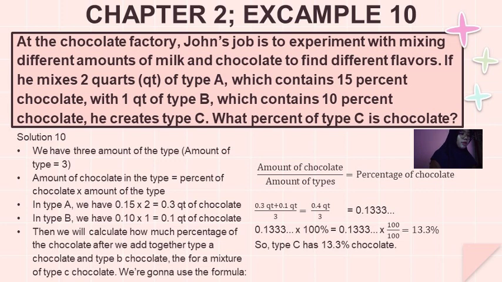For the mixture of type C, we use the formula: amount of chocolate per amount of type equals percentage of chocolate. 0.3 quart plus 0.1 quart per 3 equals 0.4 quart per 3, which is 0.1333.